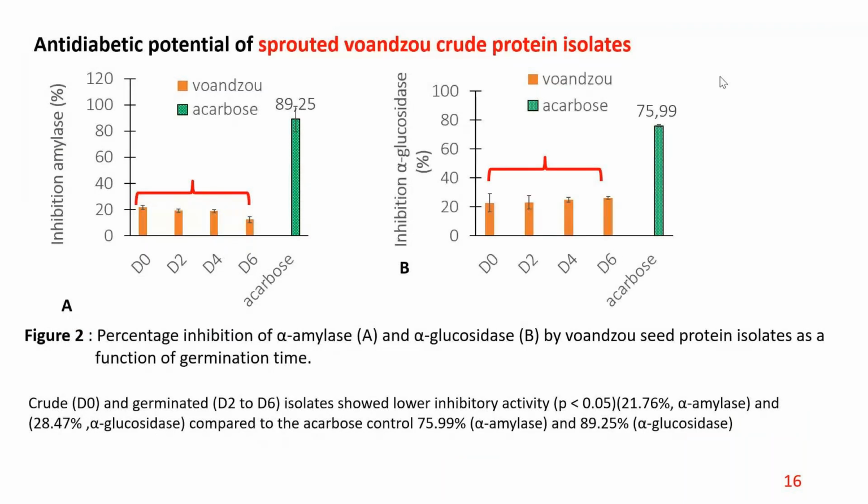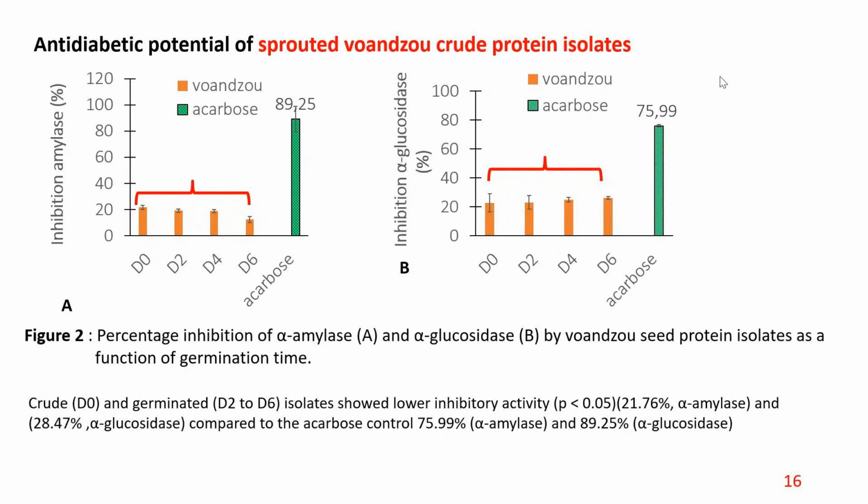As concerns the potential of this extract on the inhibition of the two enzymes studied, Figure 2 shows the percentage of inhibition of alpha amylase and alpha glucosidase by the crude protein isolate first.